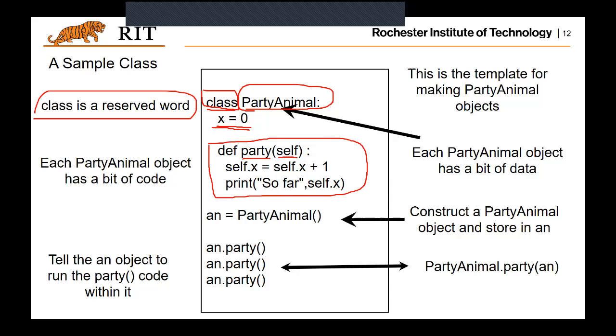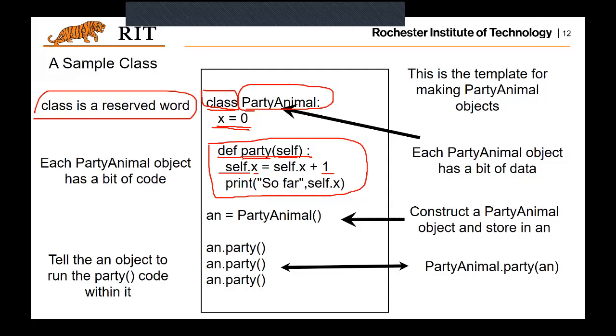Basically, self literally means self. That means this specific object itself. And what this party wants to do with self is access the x and add 1 to that x.